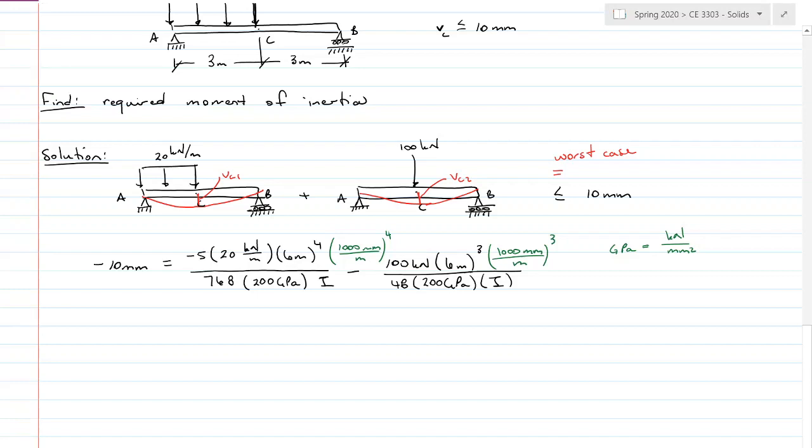And now everybody is in kilonewtons. Oh, I only need cubed here because one of those cancels out. I apologize. Cubed. And then that one cancels with that one. So now I have everything in kilonewtons and millimeters. All right.